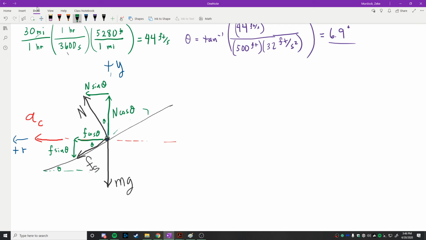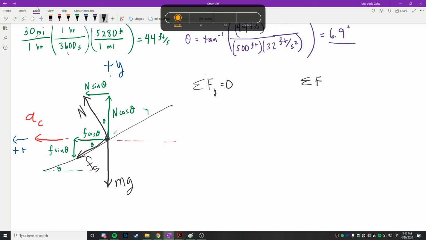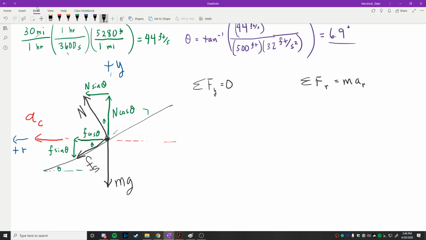All right. So now what we're going to do, just like we did before, we say the net force acting in the y direction has to be equal to 0, because the idea is we don't want the object to slide up or down. And we also want to say the net force acting in the radial direction is equal to the mass of the object times its radial acceleration, which is the centripetal acceleration. In the y direction, we're going to have just two forces, I think. No, three forces.